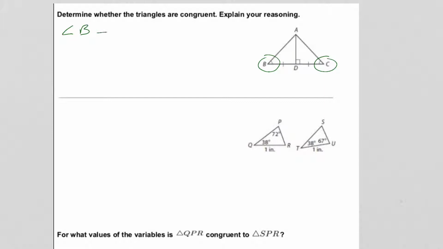So angle B is congruent to angle C. And then there's that line mark between the two lines. So we know that BD is congruent to CD. And that's met. And what about this one, angle D?